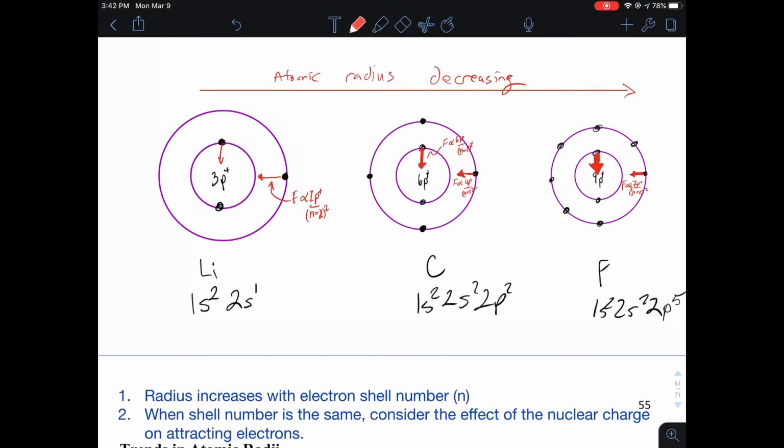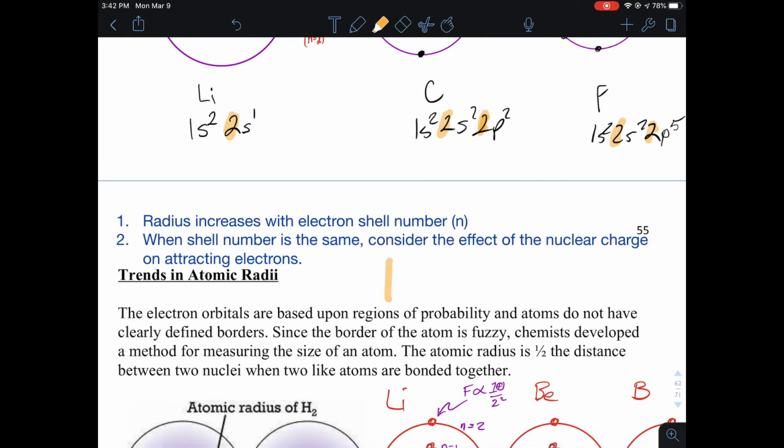But the atomic radius will decrease if you have the same size shell. So all of these are n equals 2, right? All of these are dealing with the n equals 2 shell electrons, except that we have more and more protons on the inside, so the shell is being compressed closer and closer to the nucleus from the force difference.